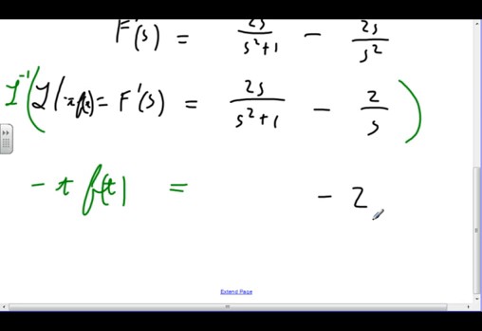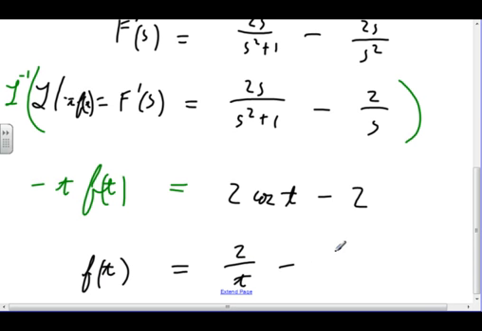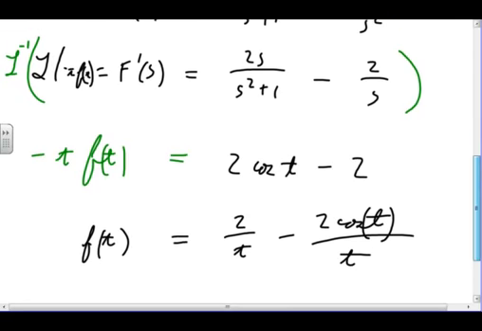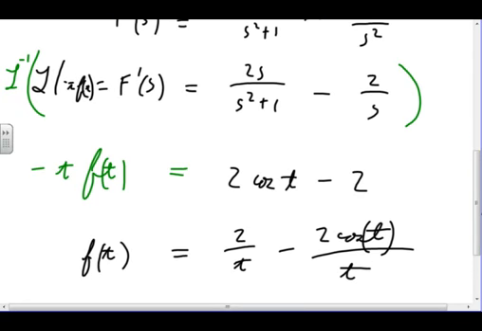And the other one looks like number 10. Is that what you're trying to tell me? Number 10. So that'd be 2 cosine t. So f of t, final answer, equals 2 over t minus 2 cosine t over t. Now that wasn't that hard. Compared to 28, 27 was dog soup.